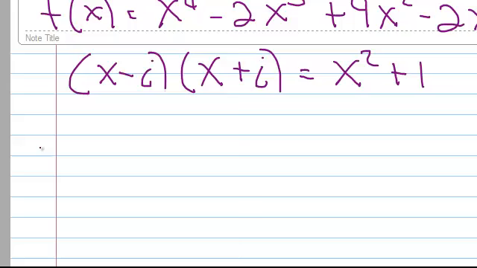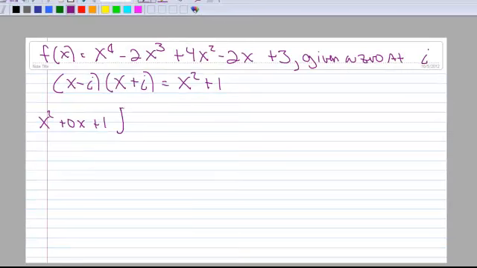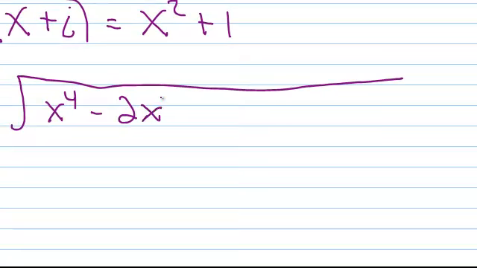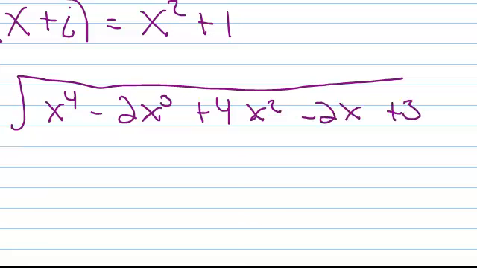Now what we want to do is our long division with these two factors already multiplied together. So x to the fourth minus 2x third plus 4x squared minus 2x plus 3. Notice I filled in the missing term here.